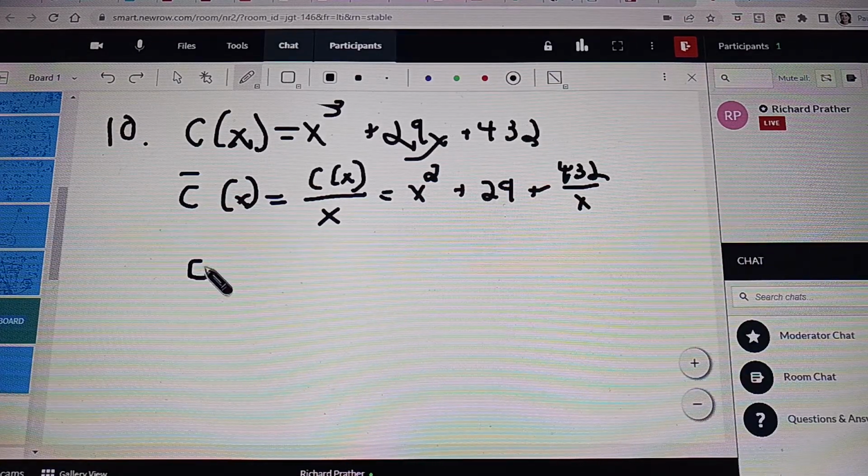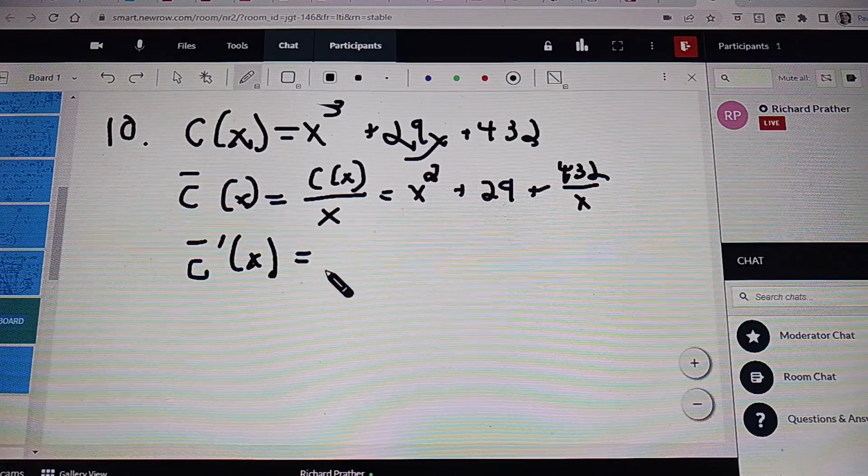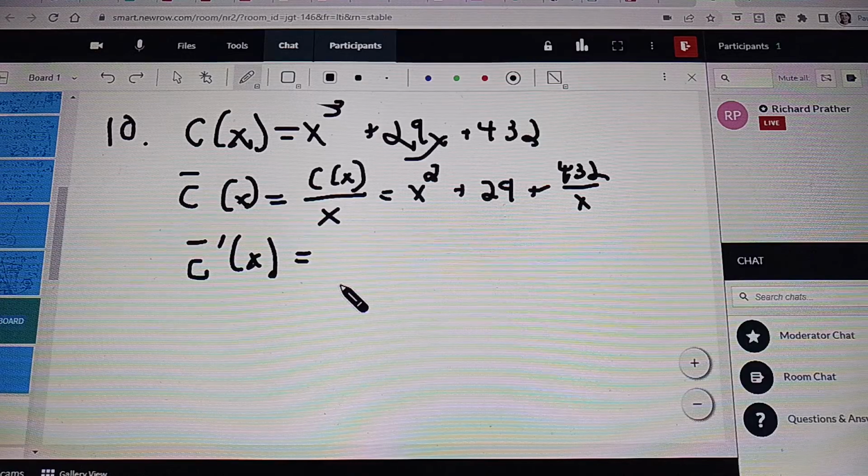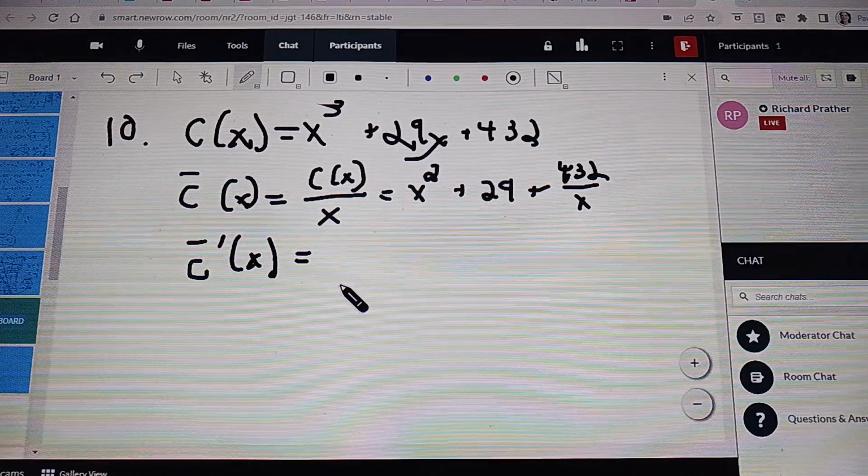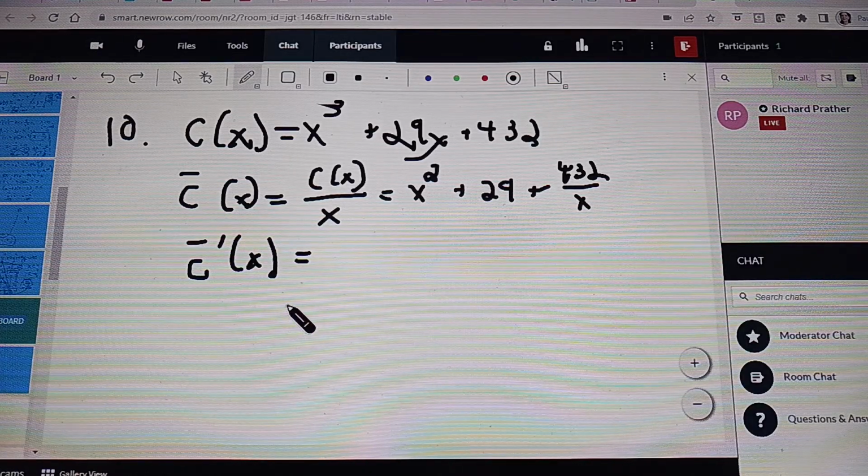Now I want to do the derivative of that because I want to find critical numbers in this interval. Well, I just need critical numbers in my closed intervals. So the derivative of x squared is 2x. The derivative of 29 is nothing.